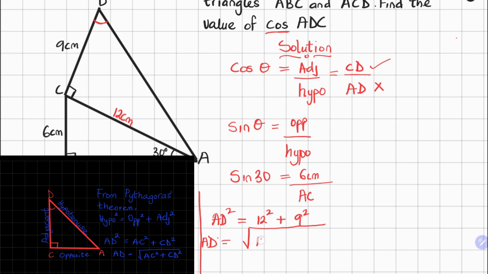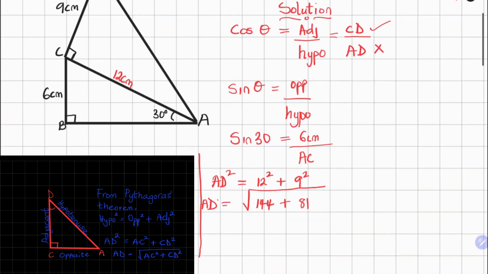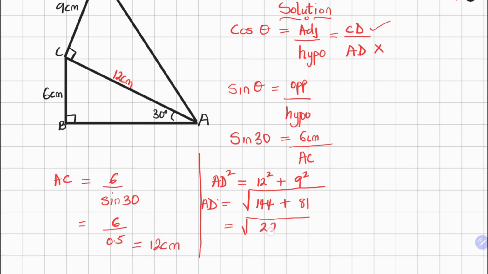What's 12 squared? That is 144. Plus 9 squared, that is 81. Again, remember this, your square numbers are critically important. You need to remember them to help you ace your non-calculator paper. 144 plus 81 will give us 225. And the square root of 225 is 15 centimeters.